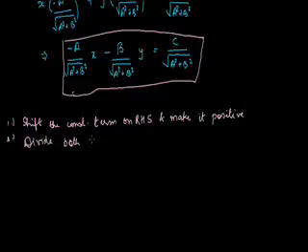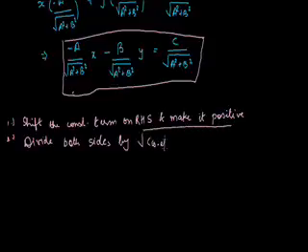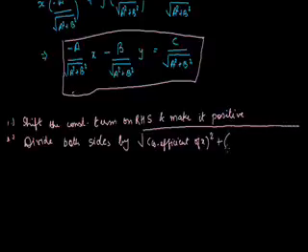Once the first step is executed, we need to perform the second step, that is divide both sides by whole of under root coefficient of x whole square plus square of the coefficient of y, which in the above equation pertains to A and B. The constant term pertains to C.